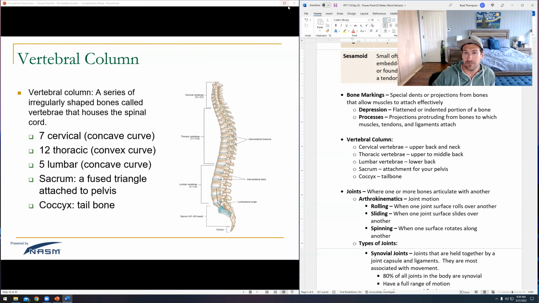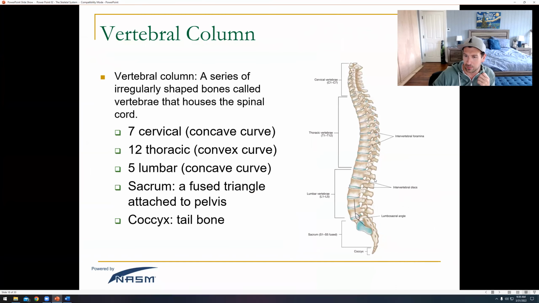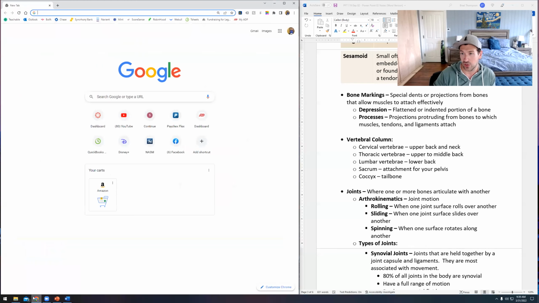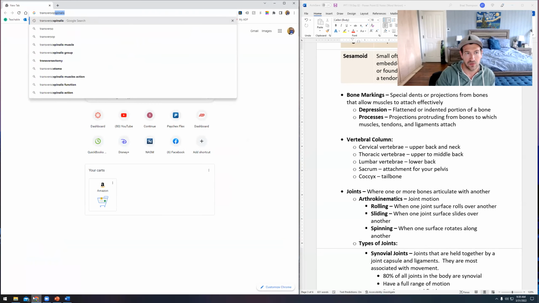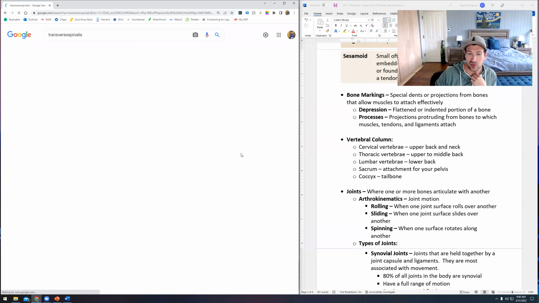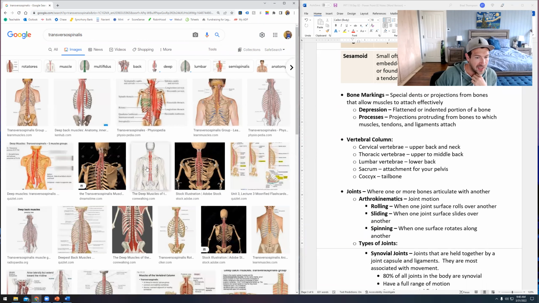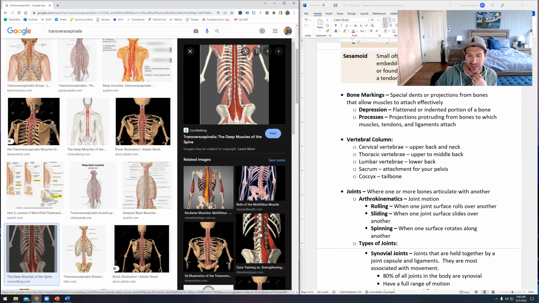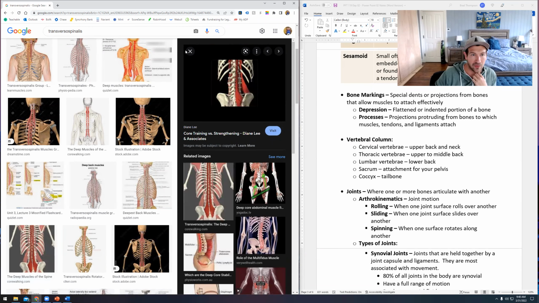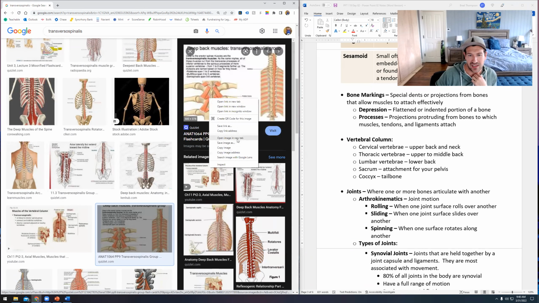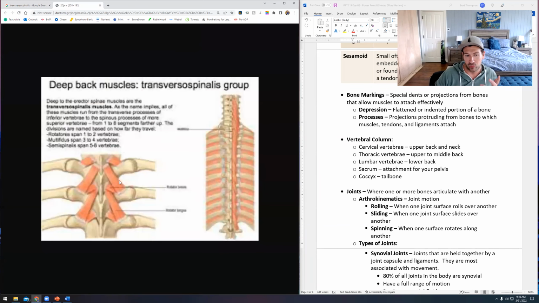When you look at your vertebrae, you can see all of these little projections here. Those are your vertebral processes. And that is what allows all of these little muscles, they're called your transverso spinalis muscles, to get a little bit of grip to create stability on the backside of your spine. You can see this running up the entire way, but because of all the little processes coming out from there, they're able to get a really good grip.